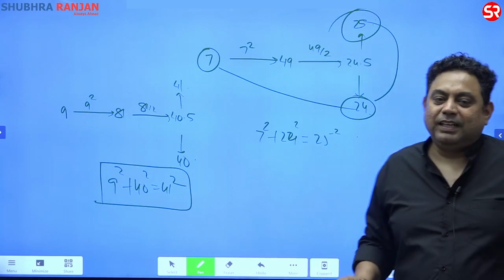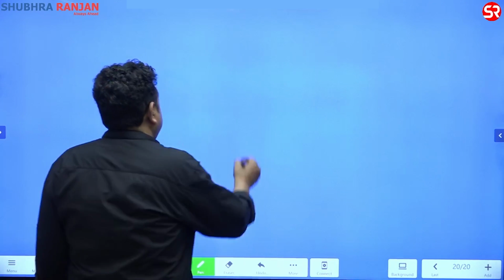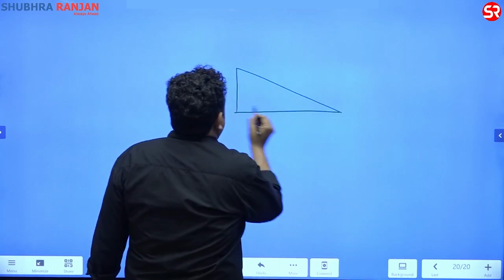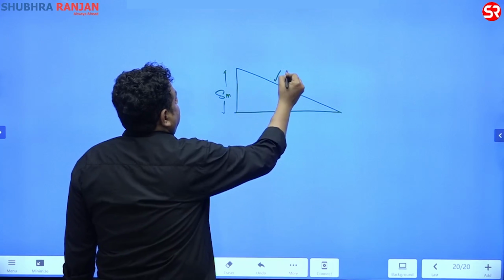So, let's see. I am just reading a question. You don't need to write. He says, a stair stands against a vertical wall of height 8 meters. This is your stair.